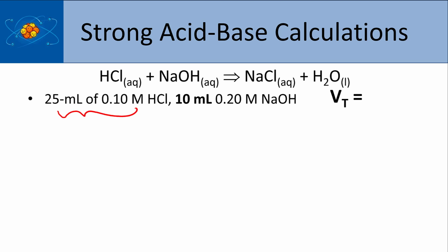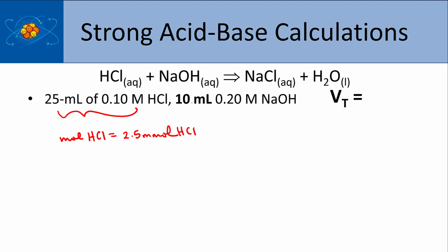I have my volume and molarity of HCl, so I know my moles of HCl: molarity times volume is going to be 2.5 millimoles HCl. That doesn't change during the entire experiment. When we do all these calculations, it'll always be 2.5 millimoles HCl. Oftentimes I'll just write that on the corner of the problem so I can go back to it. But of course, since you're using it over and over again, you should double check it.